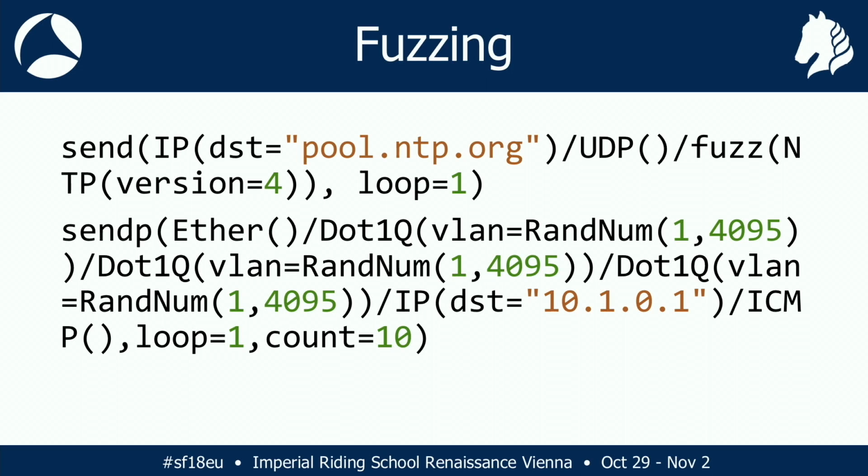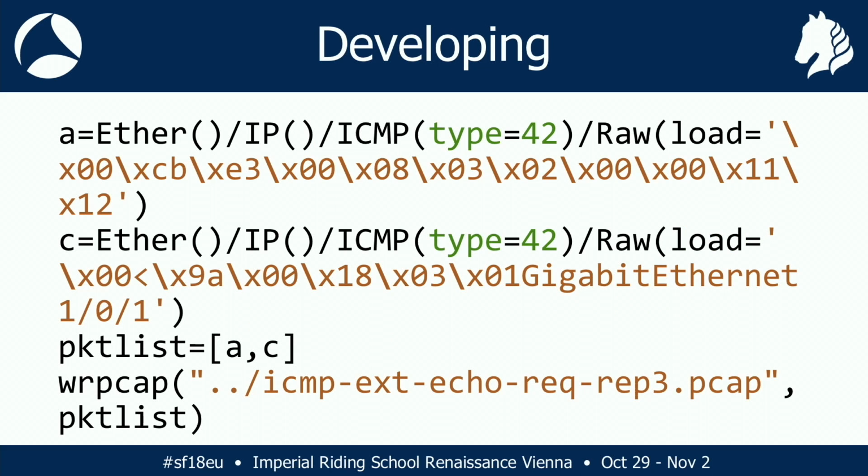Okay. So another example where you can use Scapy is for developing. Especially the core developers, when they're working on new dissectors and they're missing a packet, or when they are working on bug reports and the bug reports don't list the packet you want to test it with, then you can build your own packet.